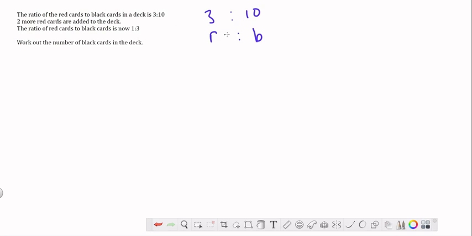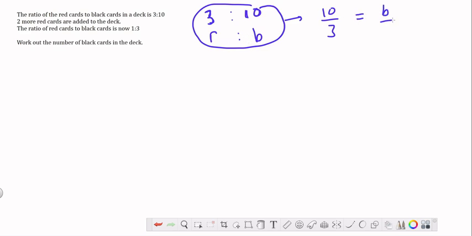Okay, so R will be a number, B will be a number. Now, if I do 10 divided by 3, I'll also have to do B divided by R. Both sides are equal to each other, right?